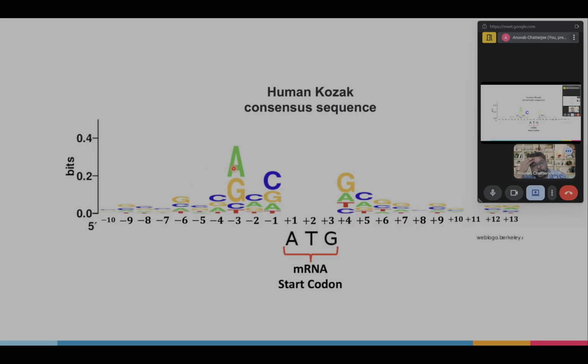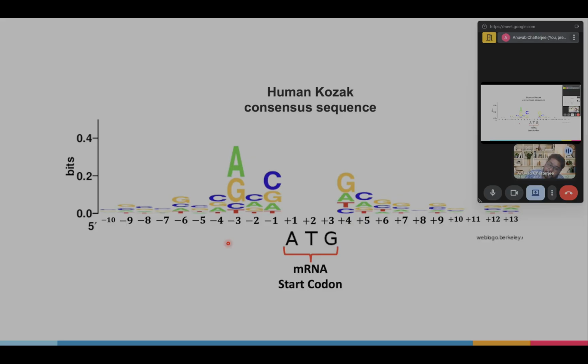Depending on how big the letter is, that is the percentage probability that this particular nucleic acid is present in that location. This was done after a lot of comparative studies between different start sites, and they found that there is a consensus sequence that is similar across different organisms.